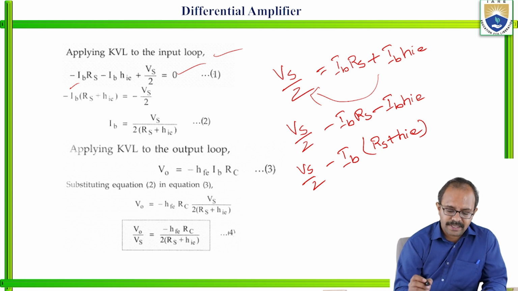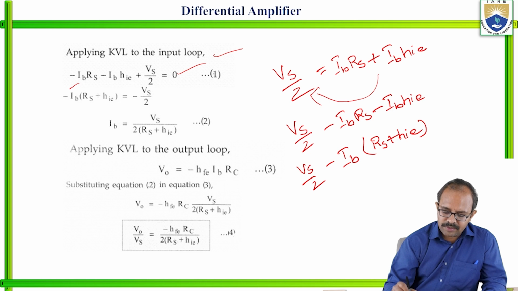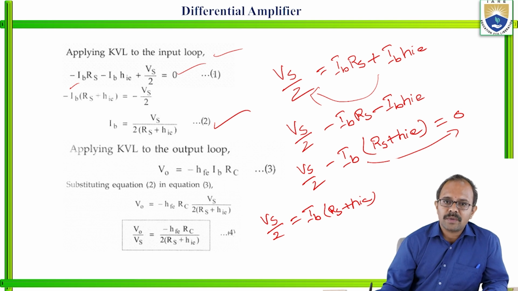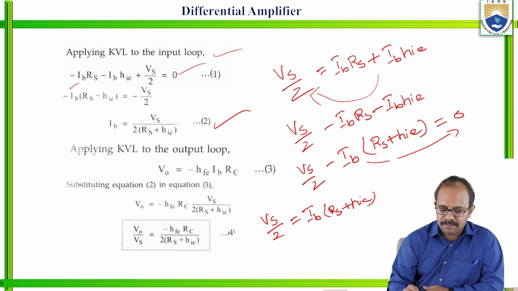So further you can rearrange it. If you take this to the other side, we have Vs by 2 is equal to IB into RS plus HIE, the same expression defined here, right? And now, what is required here actually? Let us obtain the expression for IB.